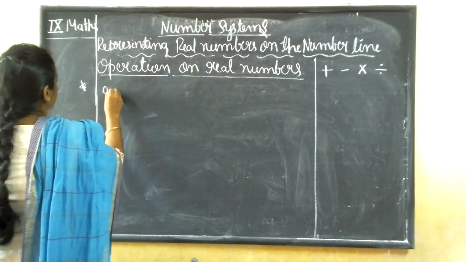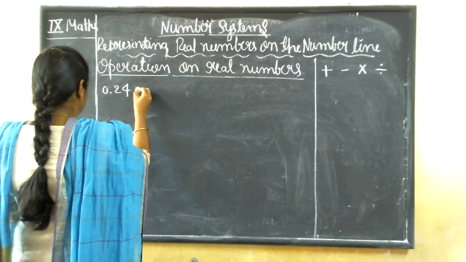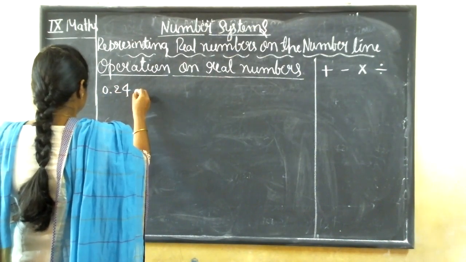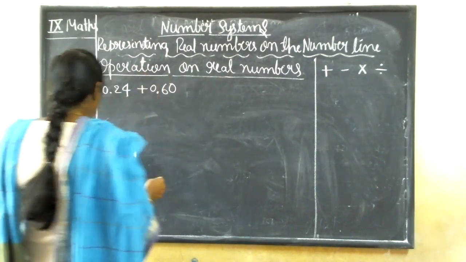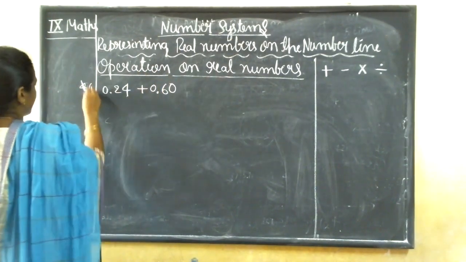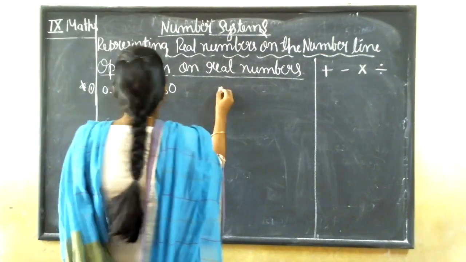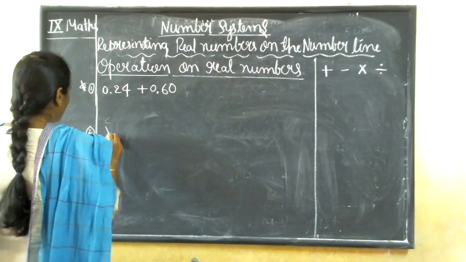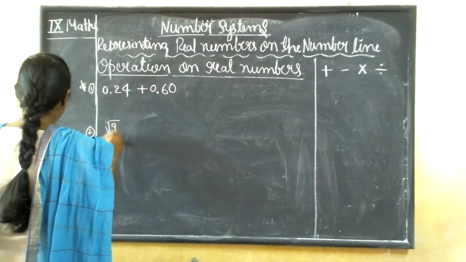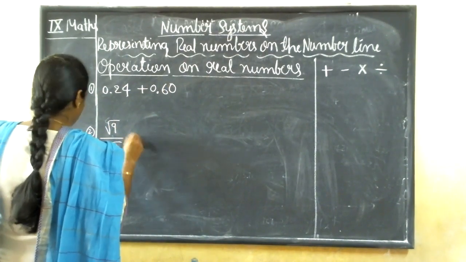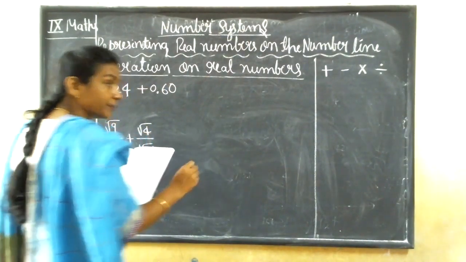I'm just going to take decimals, that is 0.24 and 0.60. Okay, this is the first example, and the second example here: root 9 by root 4 plus root 4 by root 16.